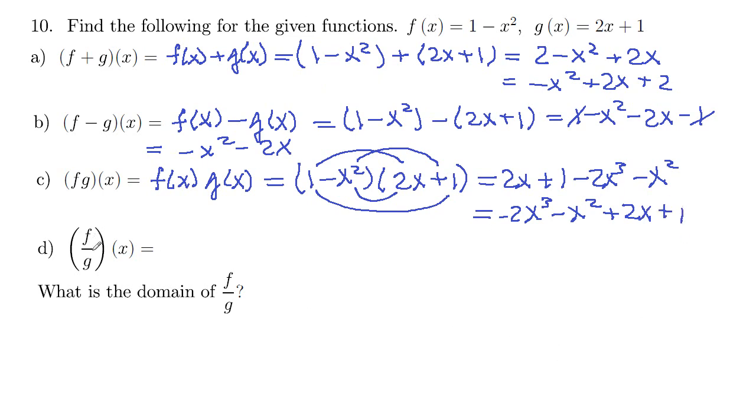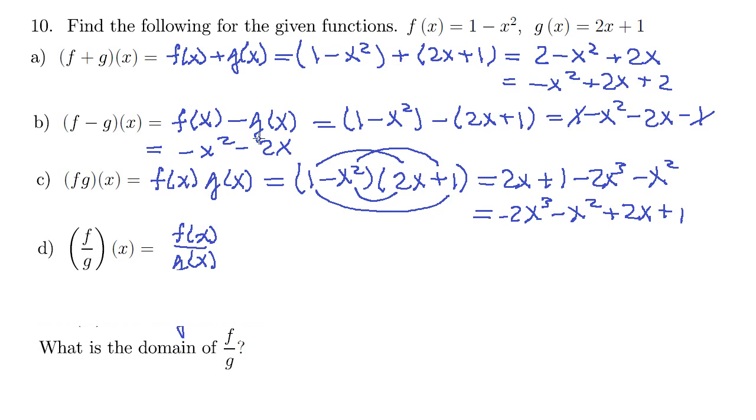And then f divided by g at x. So what you want to do there is f of x divided by g of x. So we're just going to take and divide the two equations here.